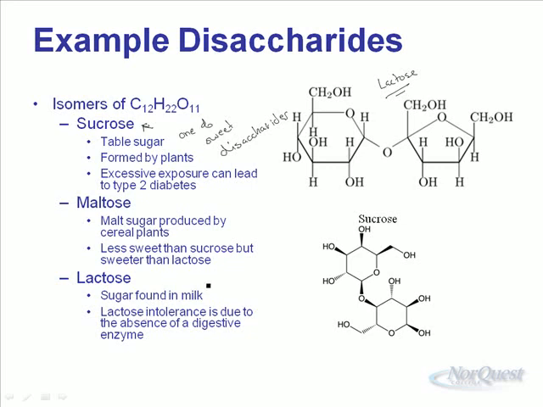When we compare these three, it's the least sweet, even though it has exactly the same chemical formula as the other two. And when you have lactose intolerance, it's because you're missing an enzyme that's able to hydrolyze this bond. So when we break down these disaccharides, what we're really doing is we're breaking this bond here by adding water.